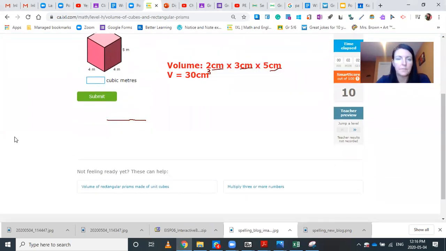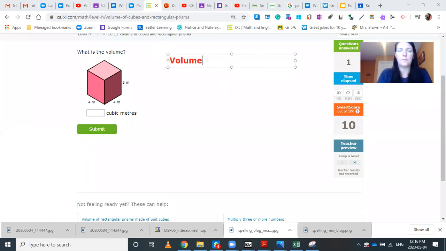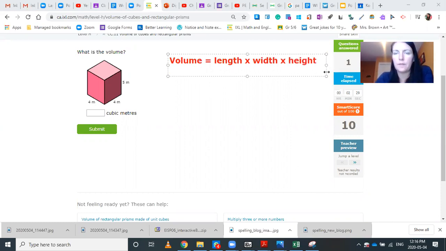Let's try this one. So what is the volume? Volume is equal to length times width times height. All right, and that's your formula for finding volume. I'm going to include a new text box so we can keep that there.